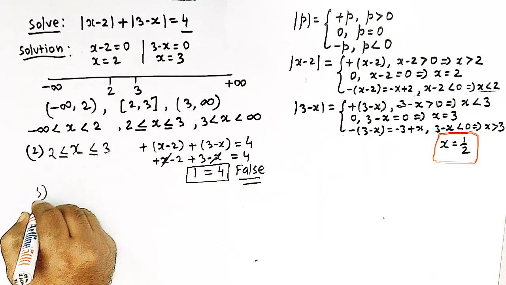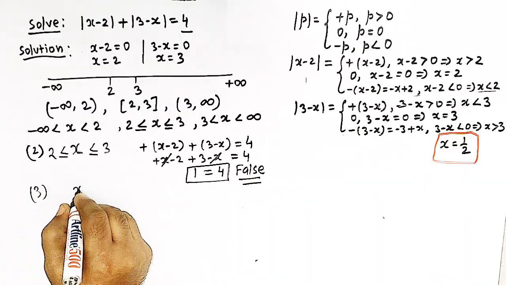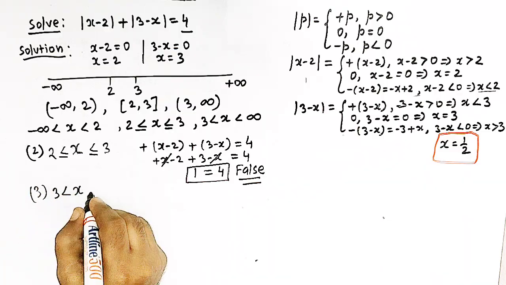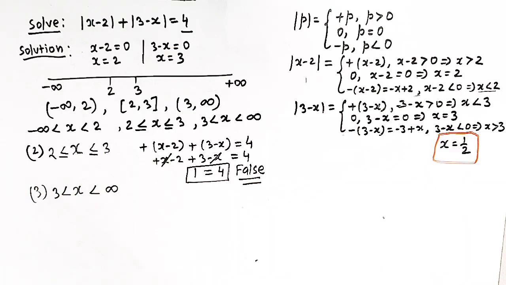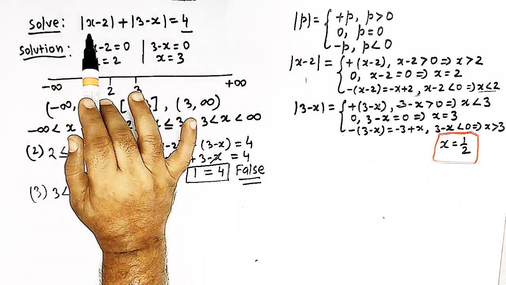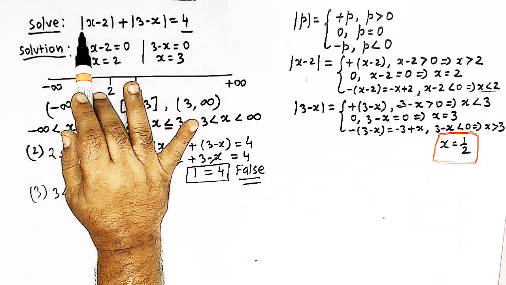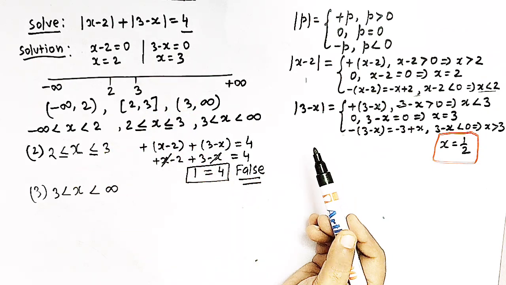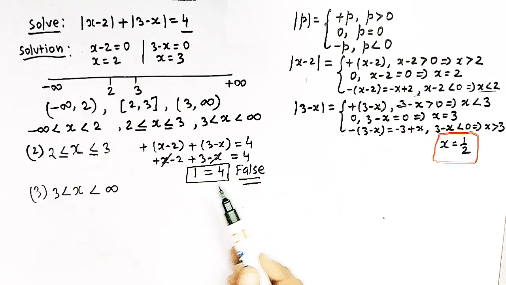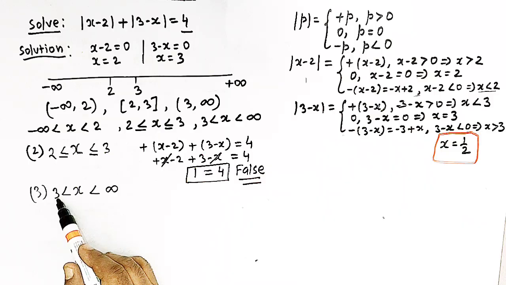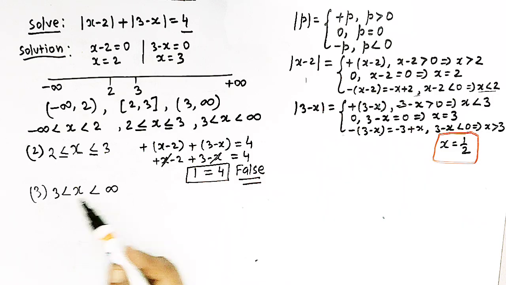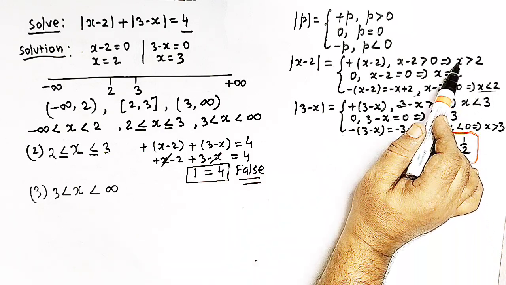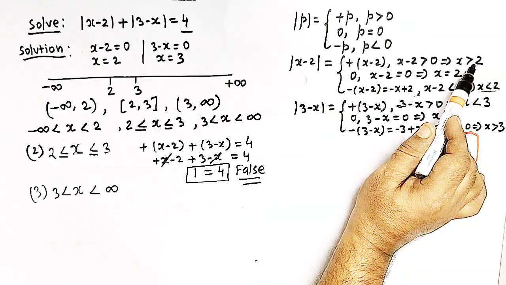So in the third interval, we have x greater than 3 but less than infinity, right? So here let us now again define mod of x minus 2 and mod of 3 minus x in this interval. So here we have x greater than 3, and here we have x greater than 2, right?